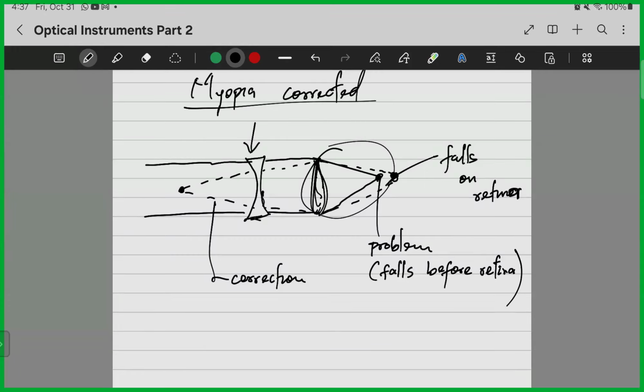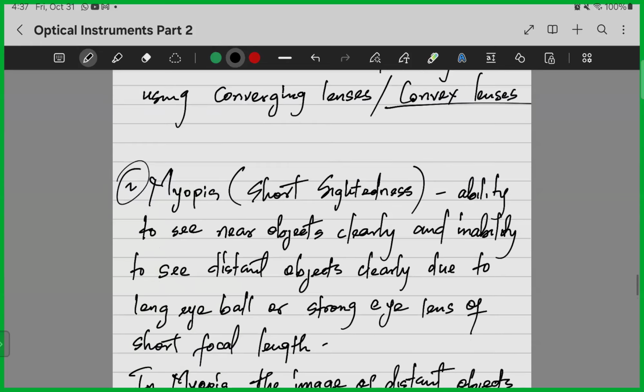So the original light is traveling and falls before the retina, but when you allow that light to come through this diverging lens, it now falls on the retina, right here, the appropriate place. So please just take note of that idea, and let's run back to talking about defects.